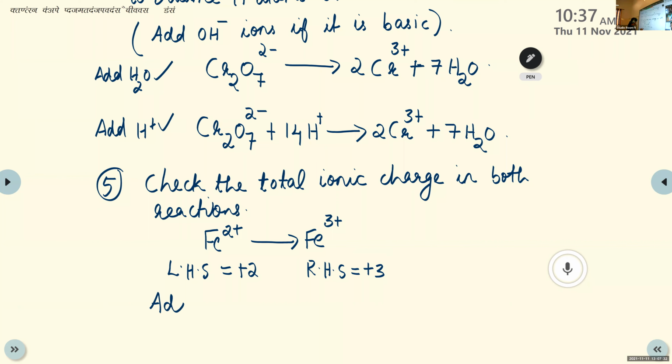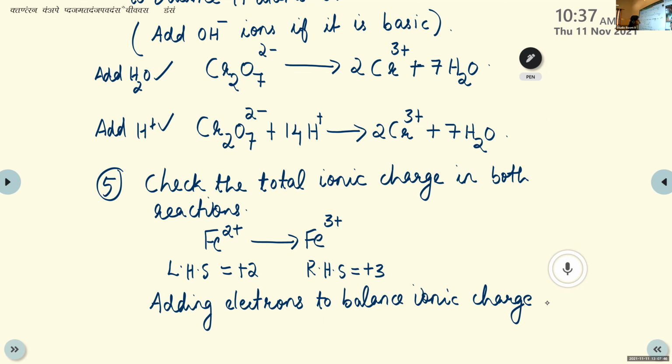Adding electrons to balance the ionic charge. Okay. So now the equation becomes Fe2+ will give Fe3+ + e-. Now it is balanced, right? On the left hand side and right hand side, it is +2. Isn't it? Yes.